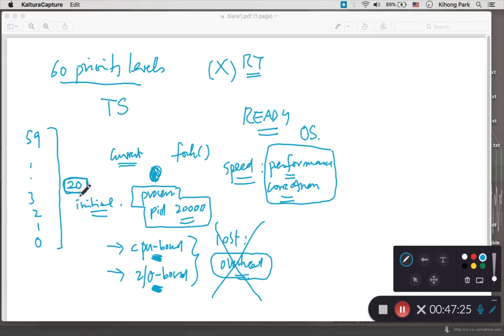So, going back to this example of Solaris, which is using 60 priority levels that are being assigned to generic app processes under this class called TS, which is just timeshare processes. By default, we call all of our processes timeshare processes. In this example, a newly born process starts with some initial priority, suppose 20.